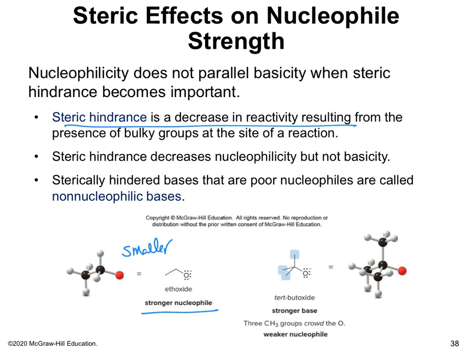The reason why, think about it, the nucleophile wants to form a bond with the carbon. So if it wants to form a bond with the carbon, then it needs to be able to get into the carbon. And if it's really small, it can actually get in there without steric hindrance.